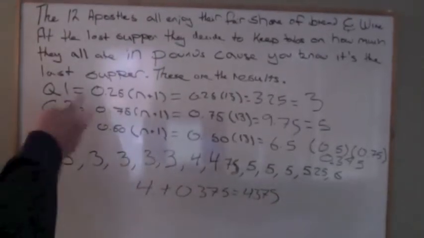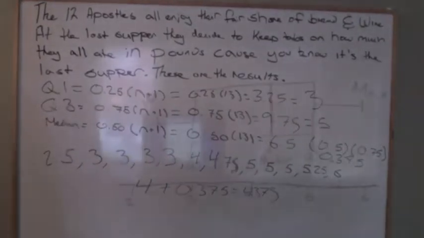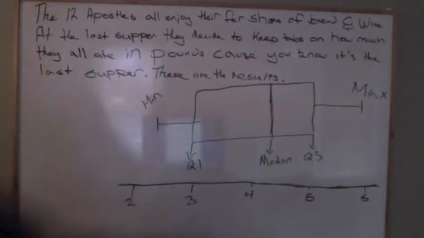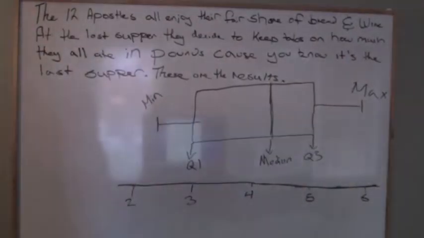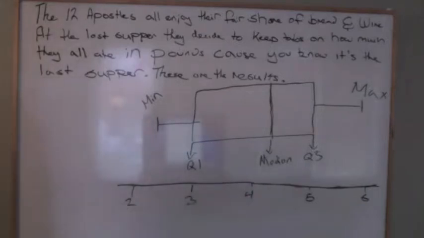Once you have all of these numbers, plus the max and minimum numbers, you can start drawing your diagram, which I'll do. Plot with the minimum number being 2.5, the max number 6, quartile 1 being 3, quartile 3 being 5, and the median down the center, which is 4.375.